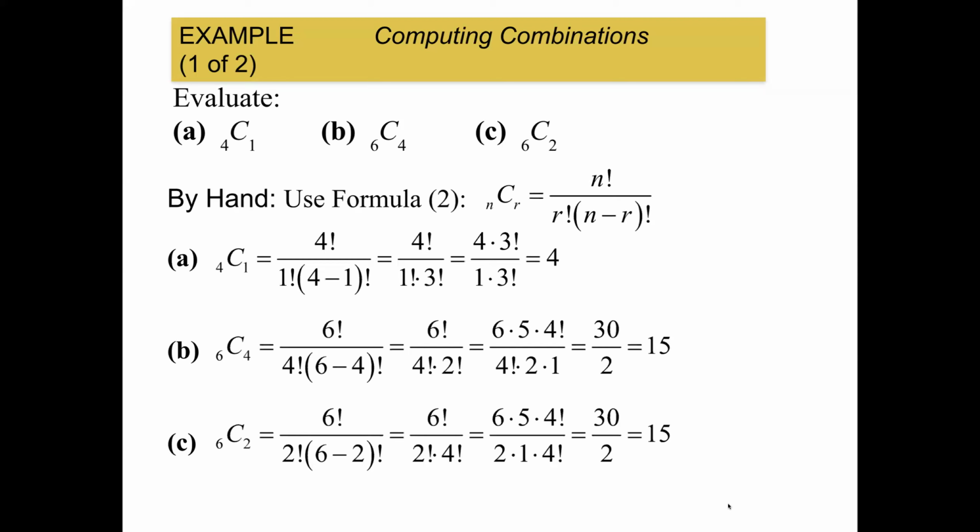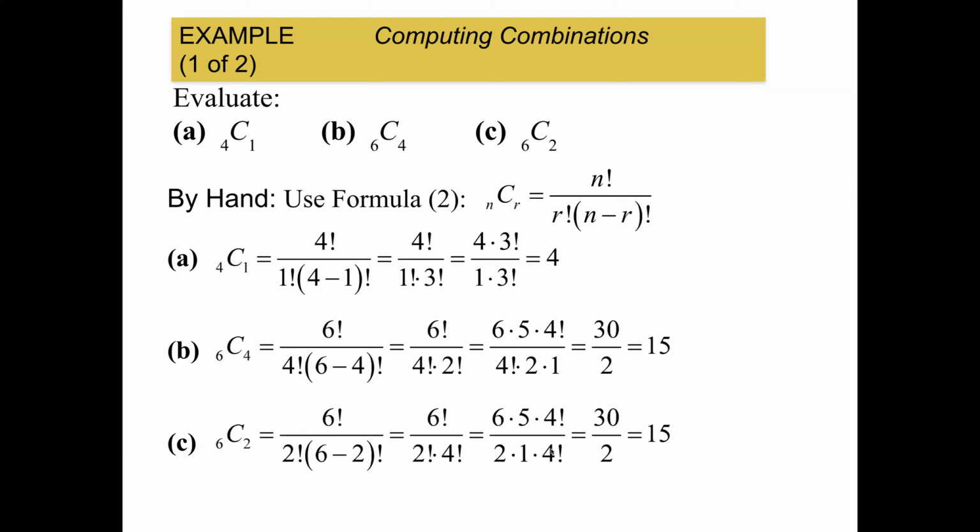Okay, so I'm trying. Oh, so you're saying, well, remember, 4 factorial, that's a good question. So the question was, in question C, isn't 6 factorial 6 times 5 times 4 times 3 times 2 times 1? Yes. But 4 factorial and 4 factorial are the same.